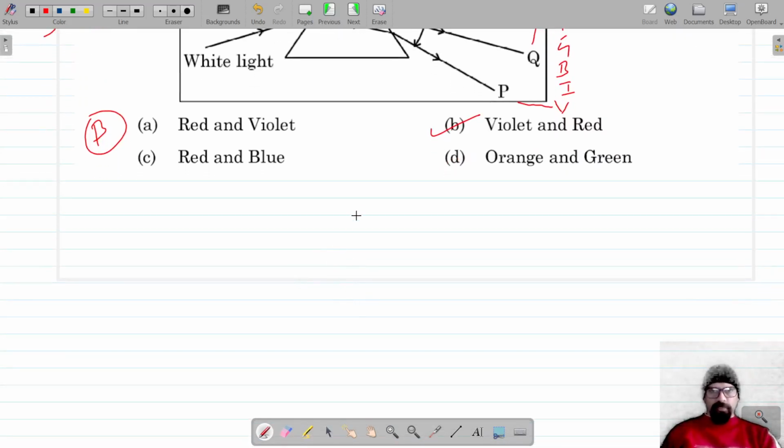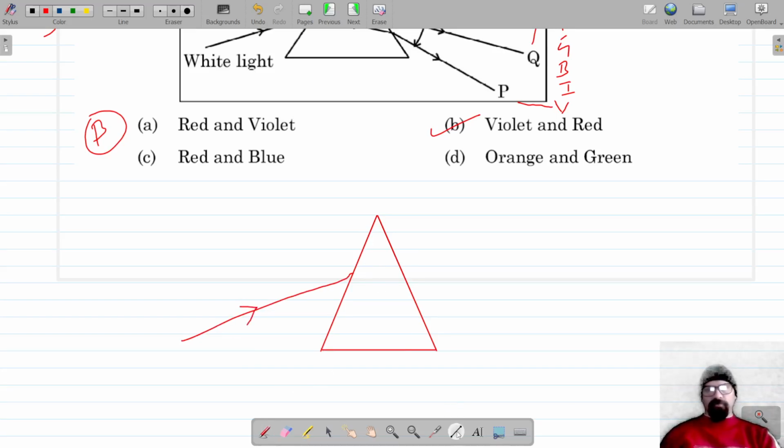Let me show you how dispersion happens when light passes through a glass prism. This is the incident white beam of light, and it was supposed to go straight like this, but because different colors bend at different angles, it goes like this.